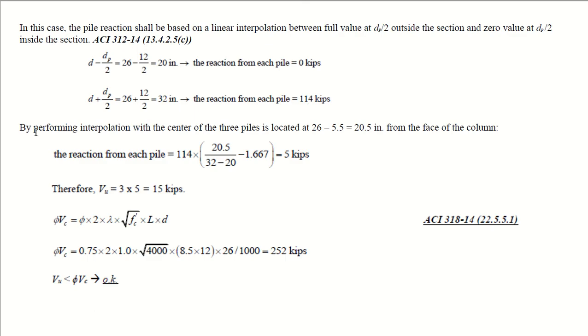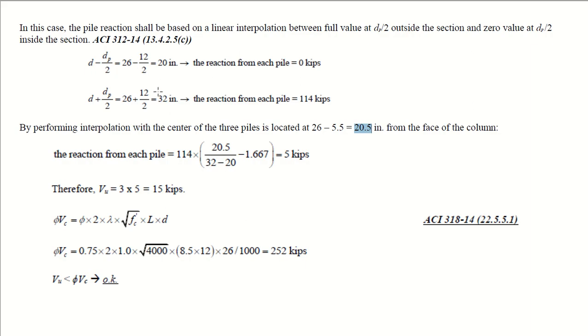By performing interpolation, the center of the three piles is located at 26 minus 5.5, which is 20.5 inches from the face of the column. So the reaction from each pile is equal to total reaction 114, which is a full reaction, times 20.5, which is your current distance or location of the D from the face of the support, divided by 32 minus 20.